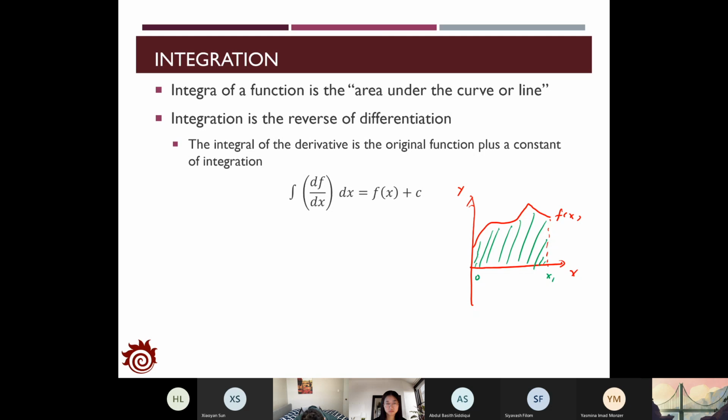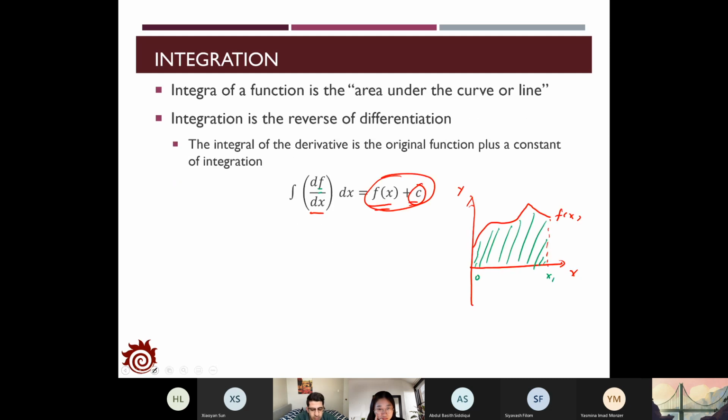For example, if we have a function f(x), then the integration of df/dx will be f(x), but you still need to add a constant value because you don't know the reference point for this function. This is the constant c. If we take the derivative of this component, the constant c can also be removed.